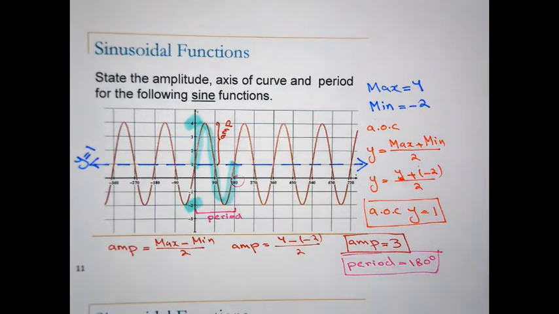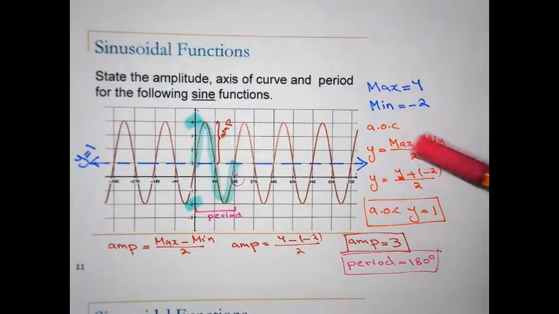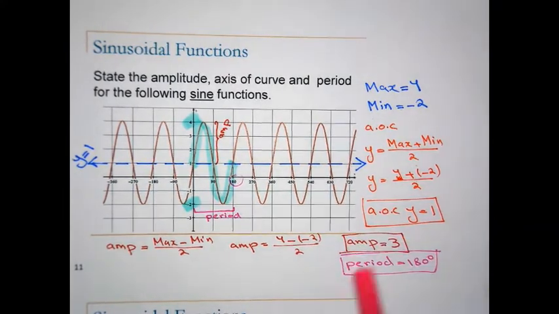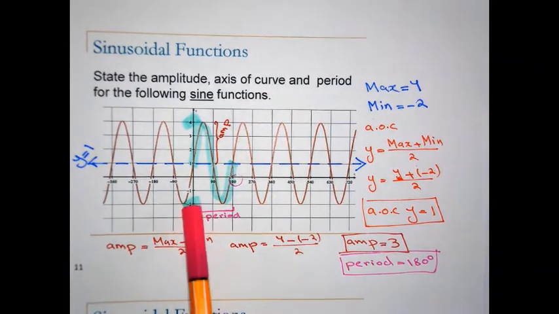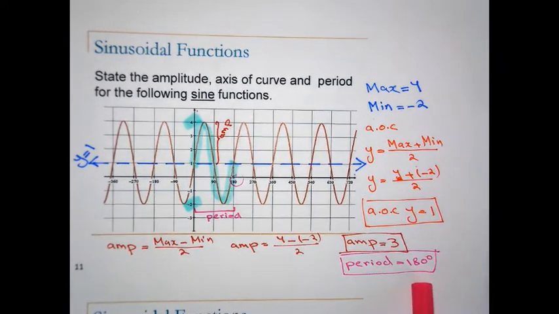So the important features of any sine or cosine or any periodic function: the max and the min. Given max and min, using the formulas, you can find the axis of curve, you can find the amplitude, and then after you draw your axis of curve, you can see what is your smallest repeating unit, and looking at that, the length of that unit is going to give you the period.